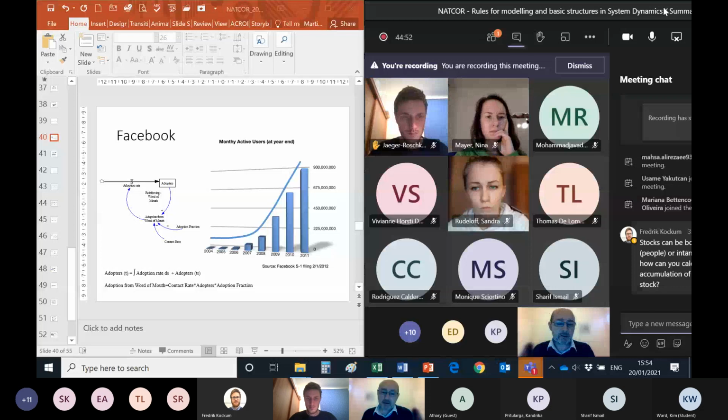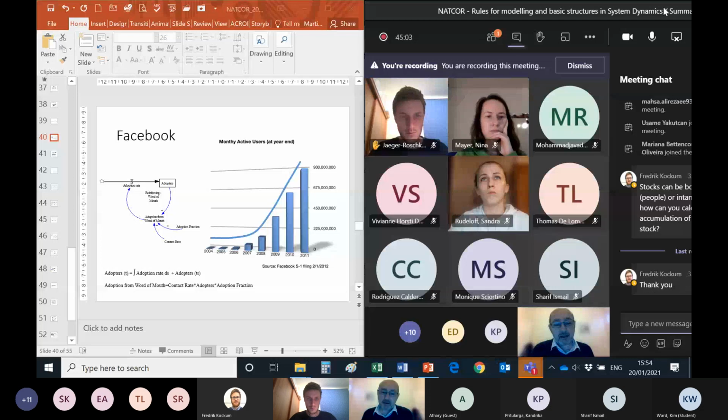So basically in this structure, we have adopters, and we have this variable that we call adoption from word of mouth. That's almost a behavioral variable, right? It's a variable that tries to put in only one concept the process of somebody telling somebody else that they like Facebook.